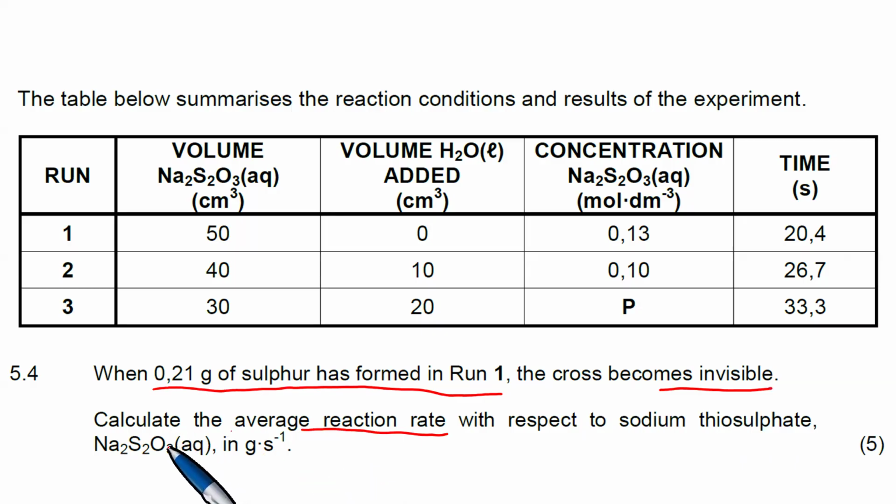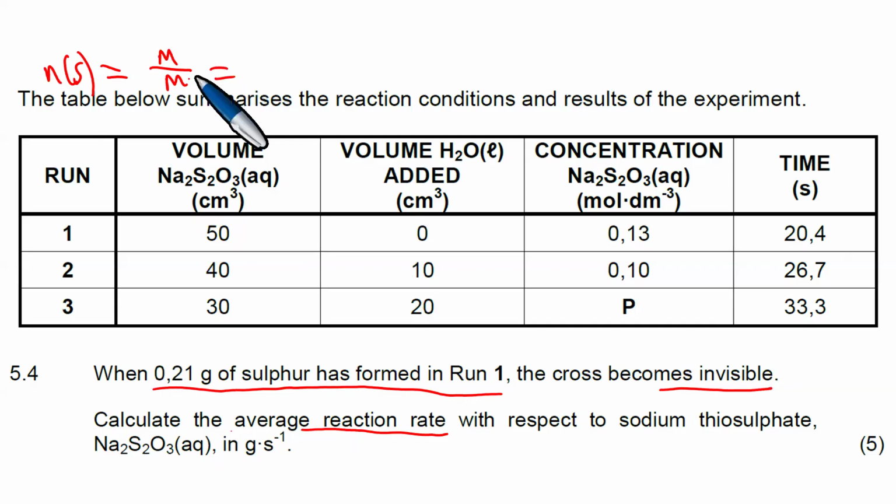Average reaction rate. Okay, let's look at this question and reason together. We are told that 0.21 grams of sulfur is formed in run 1. Number of moles of sulfur is mass over molar mass.